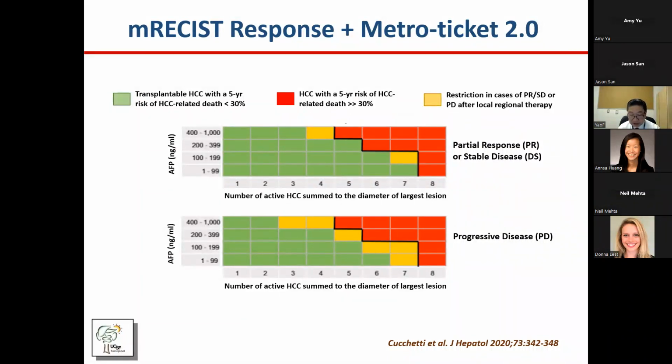The red zone represents high risk for transplant. These patients should not get transplant. And the orange zone represents additional restriction based on the modified RECIST criteria for patients with partial response or stable disease, a few added areas, whereas you see a lot more restriction if patients have progressive disease following local regional therapy.